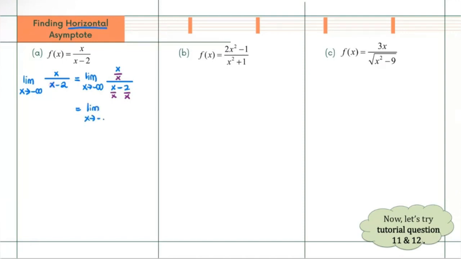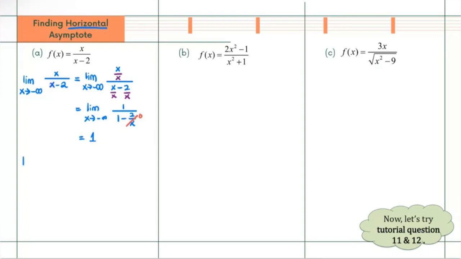Limit x approaching negative infinity will become 1 over 1 minus 2 over x. Okay. Lepas dah simplify, selagi nampak ada over x, kita akan jadikan dia kosong. So, the result here will be 1 divided by 1, which means adalah 1 lah. Kita dapat terus 1. Ini baru negative infinity.